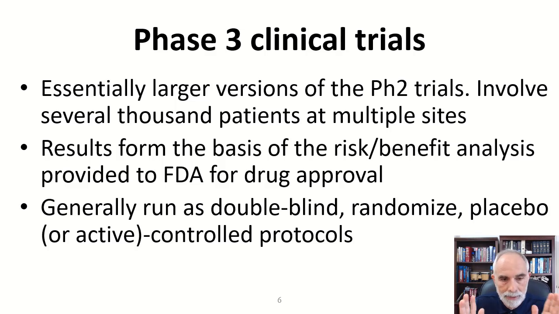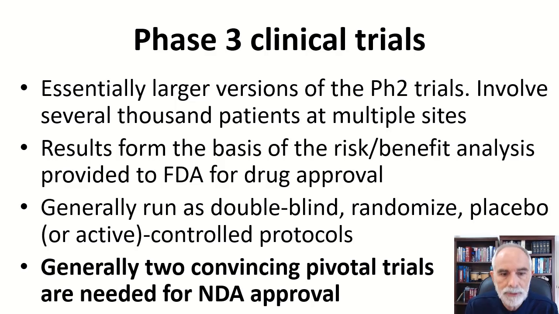Yes, that's kind of considered the ultimate way to run a clinical study, because it eliminates or at least minimizes any chance for bias. And typically there are two separate studies with thousands of patients that are done in order to register or in order to file an NDA, a new drug application, at the end of the day.